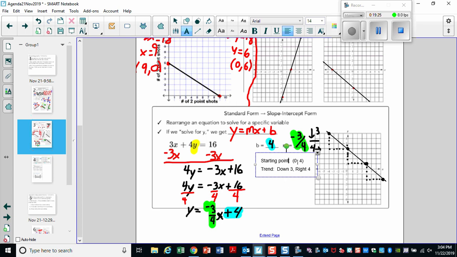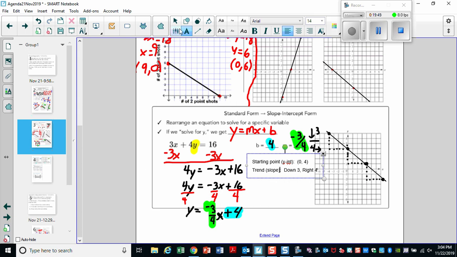Starting point, that is your y-intercept. And then your trend, which is your slope, it's down 3, right 4.